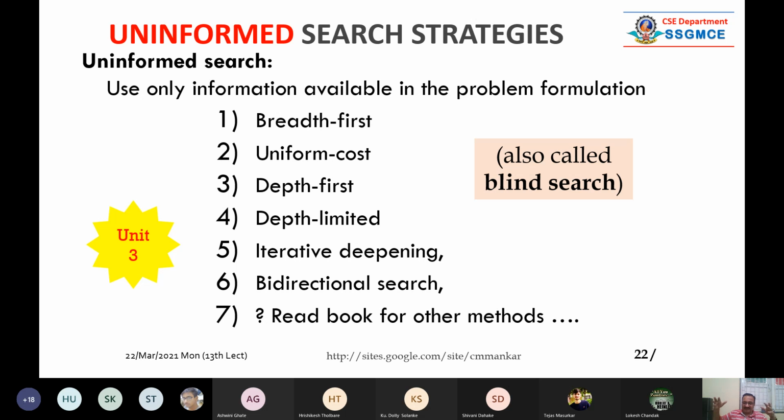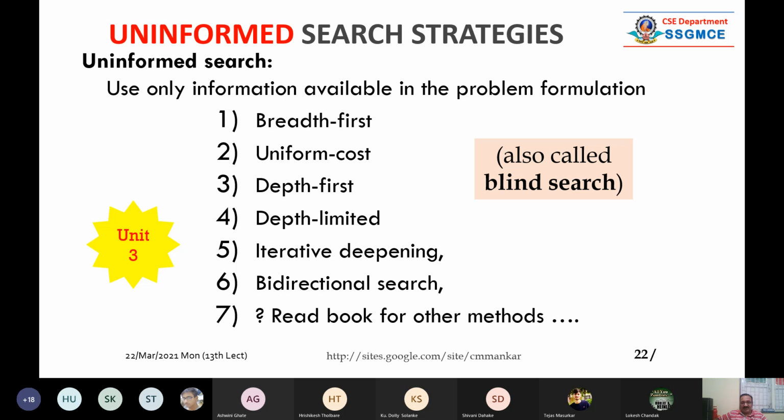We don't worry about what else is there. Whatever information we get through our sensors, we start working on it. We do not get stuck. These are the examples: breadth first search algorithm, uniform cost search algorithm, depth first search algorithm, depth limited search algorithm, iterative deepening search algorithm, and bidirectional search algorithm.